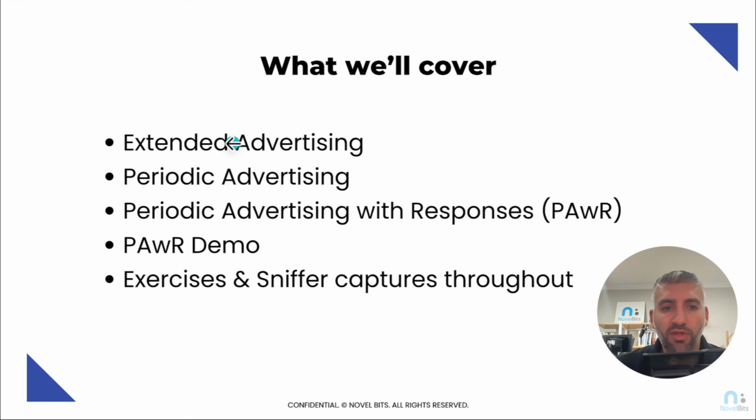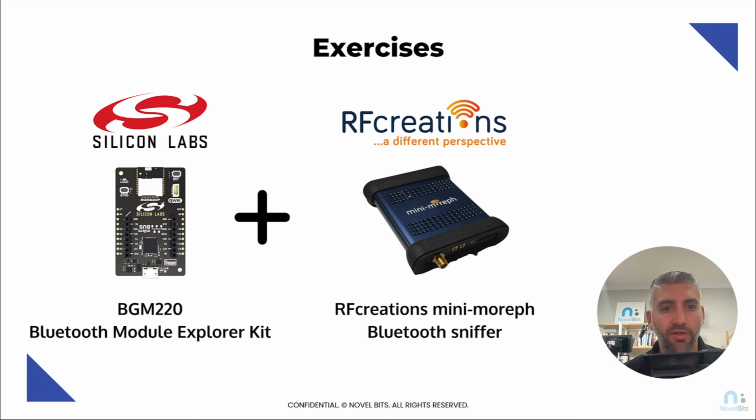Now, throughout the extended advertising and periodic advertising parts, we are going to do some exercises, run them on the BG22 Explorer kit, as well as using a Bluetooth sniffer, the Mini Morph from RF Creations, and sniff the packets throughout to better understand how things work at the packet level.